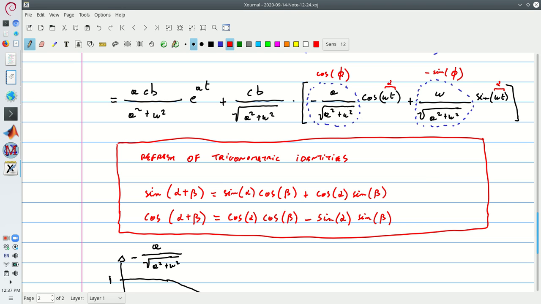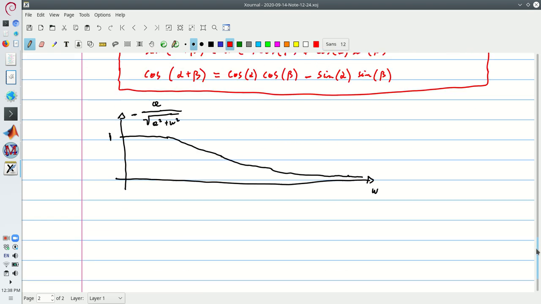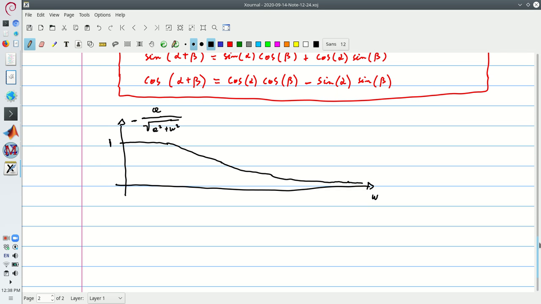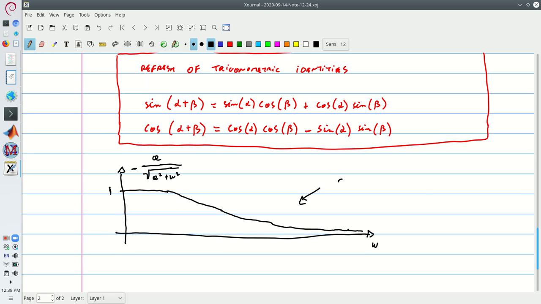How much is going to be this angle phi? The important observation here, and that's why I drew the cosine, is that cosine of phi is always non-negative, because a is strictly less than 0.